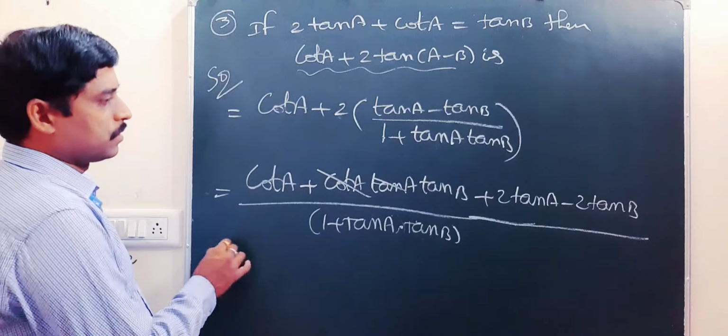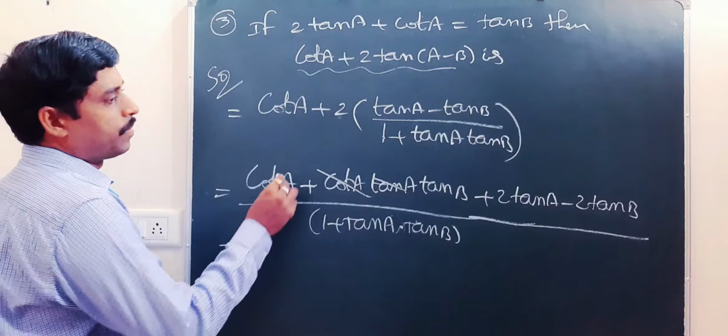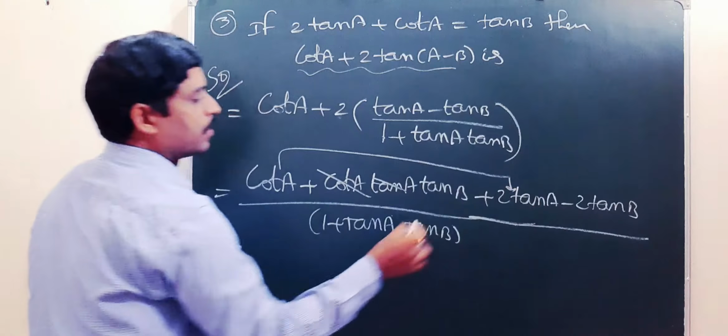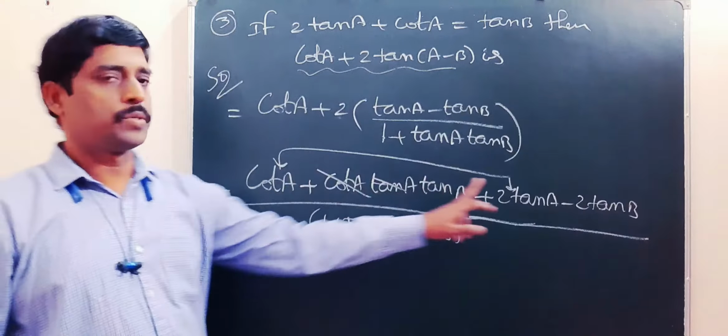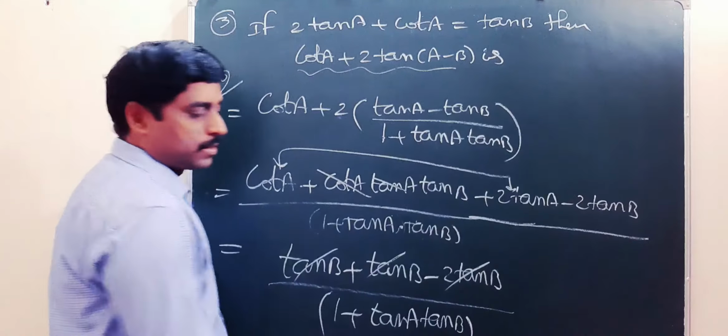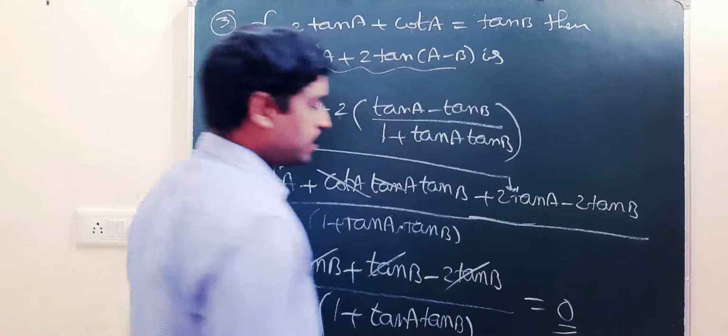Okay, so cot A plus 2 tan A. Cot A plus 2 tan A equal to tan B is given. Okay, write tan B. Placing it in, we write tan B minus 2 tan B. So the denominator value is 1 plus tan A into tan B. So tan B and 2 tan B get cancelled. So the answer is 0. 0 by anything is 0.